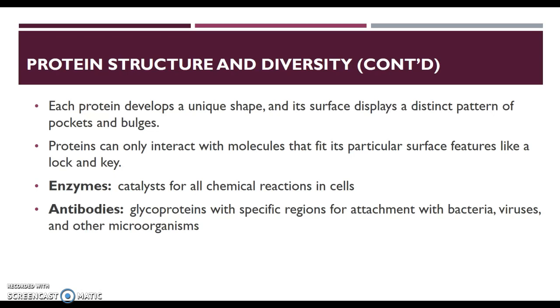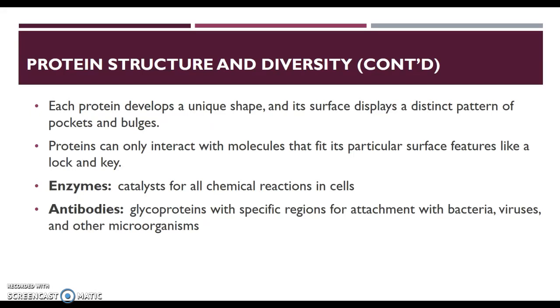This is how enzymes work. The enzyme is the protein, and it has particular features on its surface that other molecules are going to interact with, and that's how it helps to catalyze or speed up particular chemical reactions within cells.